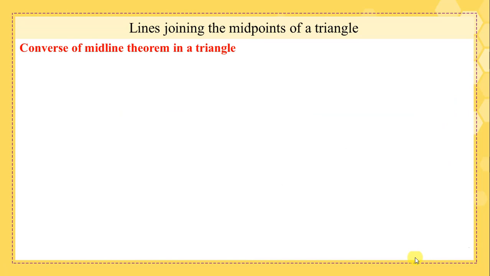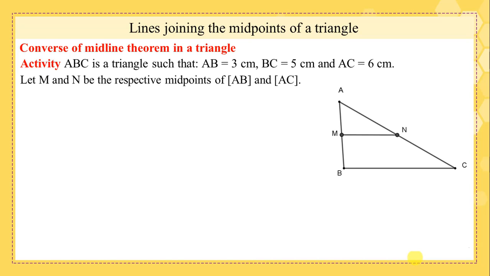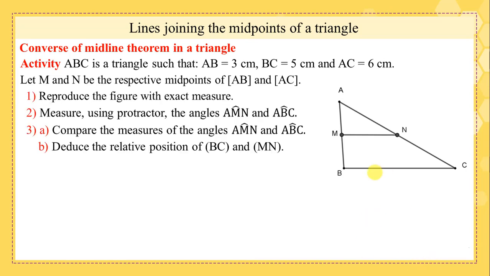We will move to the second objective, converse of midline theorem in a triangle. Activity. ABC is a triangle such that AB equals 3 cm, BC equals 5 cm, and AC equals 6 cm. Let M and N be the respective midpoints of AB and AC. 1.